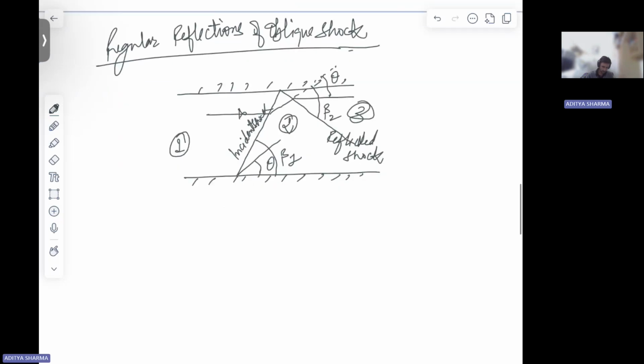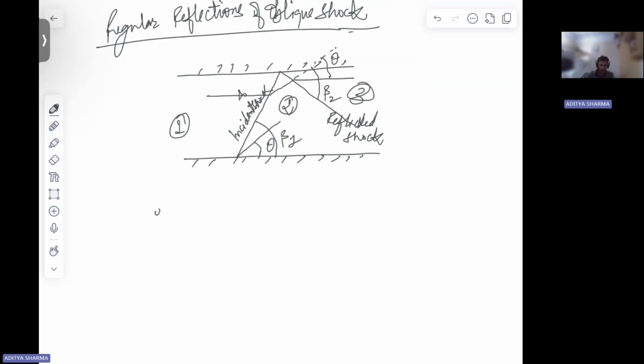So the first observation here is that your reflected shock wave is weaker than your incident shock wave. The reason is that your deflection angles are the same, but your Mach number has reduced, because M1 will be greater than M2.